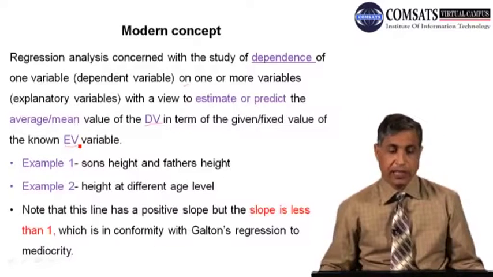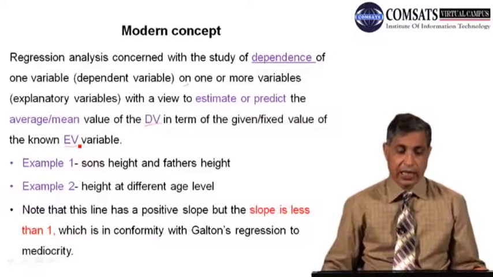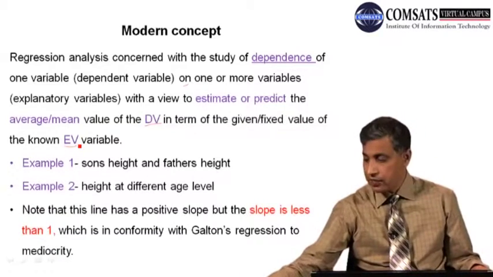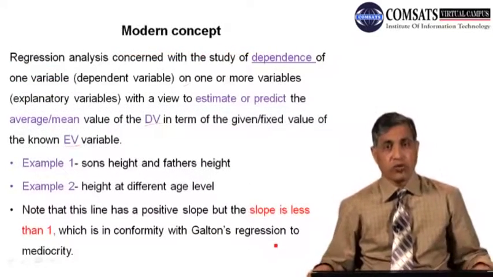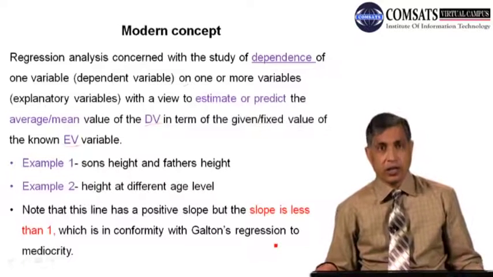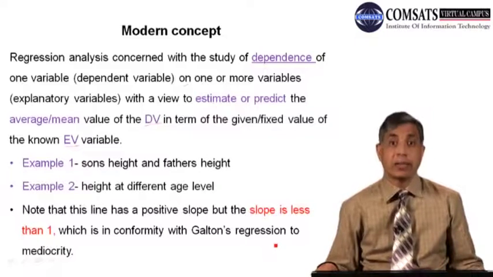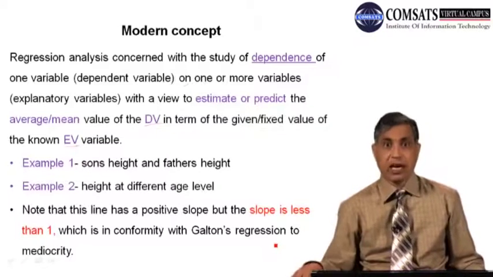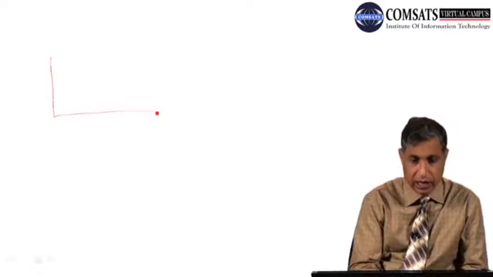So here are two examples. The first is son's height and father's height, and we will take another example, height at different levels. In the modern concept, we are going to measure the expected value of y, that is the mean or average value, on the basis of the fixed values of the independent variable. So look at this diagram.